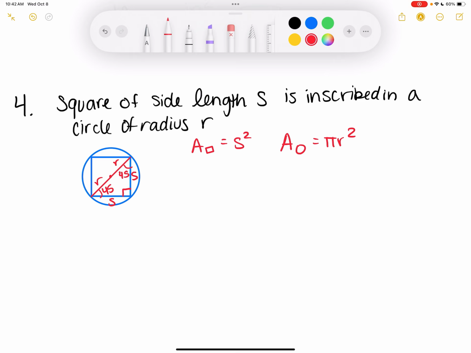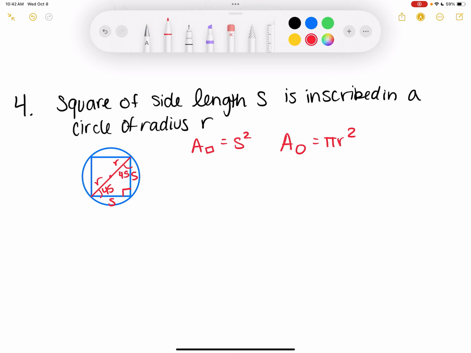So to set this up, I need to figure out an equation for the side, because part A is going to tell me to write the area A of the square as a function of the radius r of the circle. You would need to look at it beforehand, but I like to set all my stuff up before the problem. So that means I can't have an s in my equation, basically. I've got to make it an r. So I need to figure out a way to rewrite this in terms of r, so I get rid of the s.